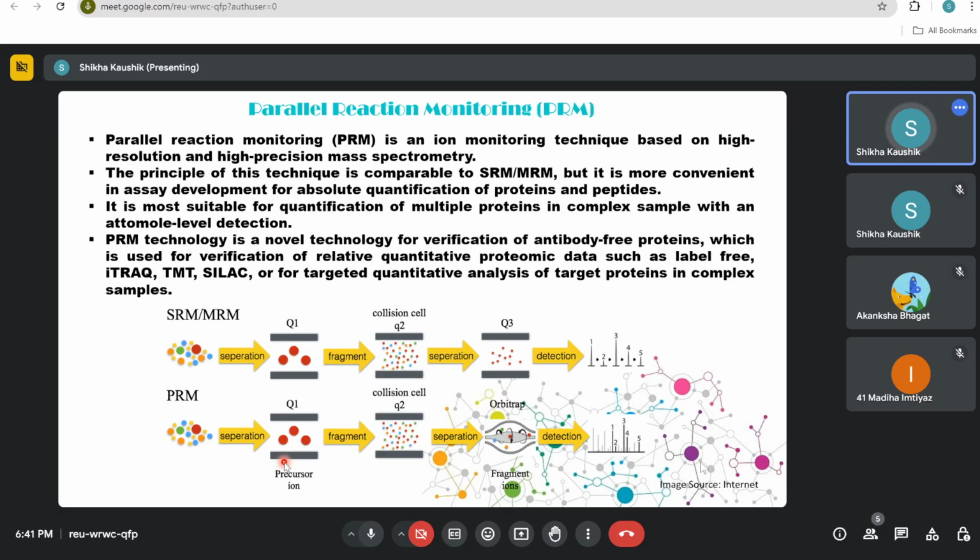So through PRM you can verify your data that you got from label-free, iTRAQ, TMT, or SILAC approaches, where you are studying the entire proteome, and now you want to know which proteins are antibody-free proteins. So in that case, you can use PRM technology. In many cases, you can use PRM to verify your previous mass spectroscopy data, right? Or maybe resolve your mass spectroscopy data more.